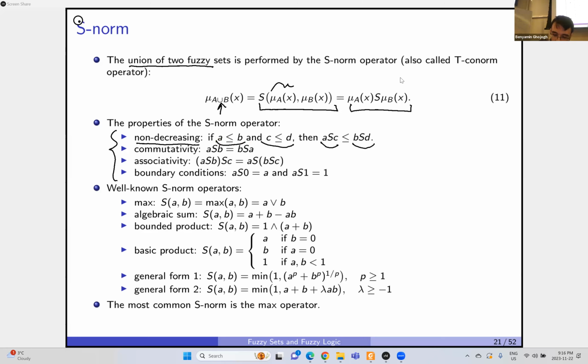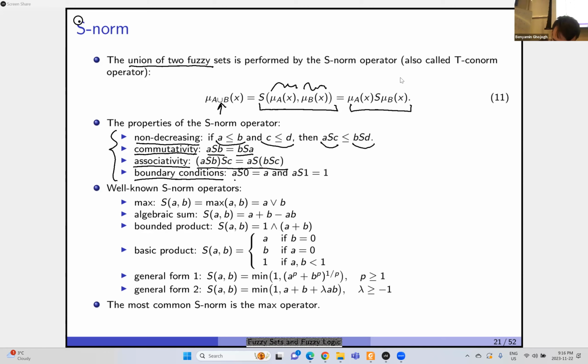Because the S norm is between membership functions, and we know that the output of membership function is a scalar between 0 and 1. Right? Commutativity. So it doesn't care about order. ASB is equal to BSA. Associativity. Again, doesn't care about parentheses. ASB then SC equals ASBSC. Okay?